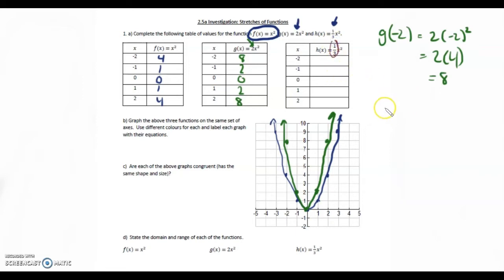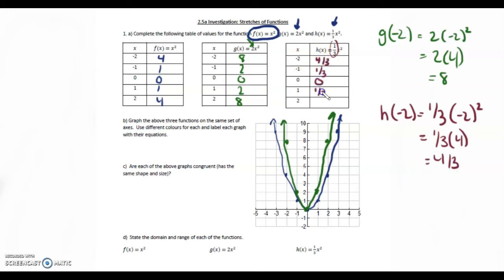So again, if we had h(-2), we would do 1/3 times (-2) squared. So 1/3 of 4, so 4/3. So this is going to be 4/3, 1/3, 0, 1/3, 4/3. So that one's going to look like this.